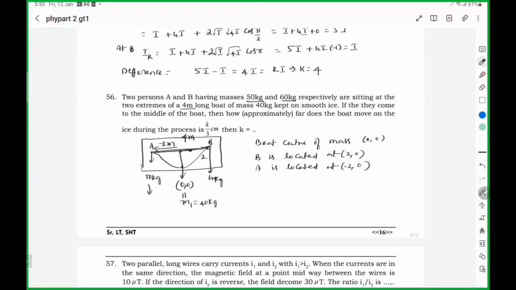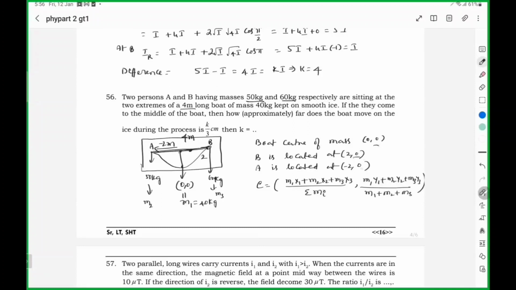Say here A's mass is M2. Center of mass will be (M1x1 plus M2x2 plus M3x3) by sigma Mi, that is M1 plus M2 plus M3.